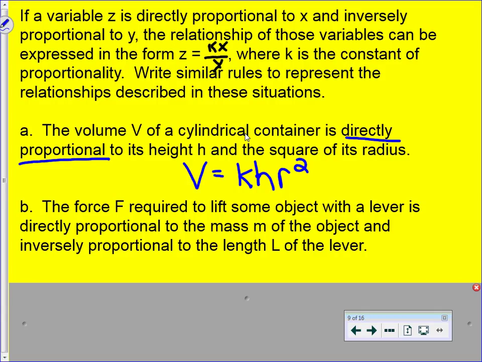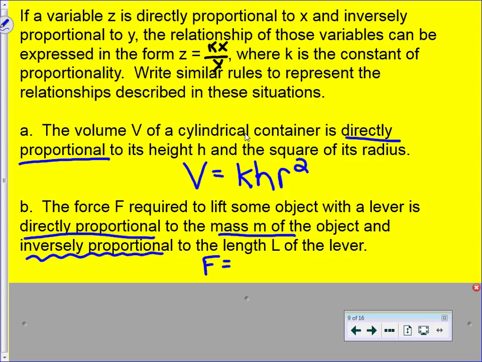For B, it says the force F required to lift some object with a lever is again directly proportional, so that's interesting, to the mass M of the object. Oh boy, and now it says inversely proportional to the length of the lever R. So if you notice here, we have a direct and an inverse in the same question. It says the force F. So we know that F is going to be the part before the equal sign because it's the part that's before any of the proportionality starts.